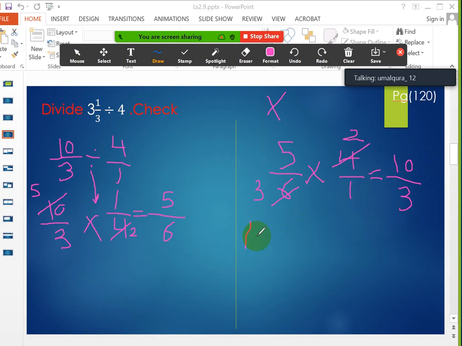And you know how to write a fraction as a mixed number, because the numerator is greater than the denominator. So to write it as a mixed number, I have to break this number into two fractions with the same denominator, and you have to break down the numerator. So I have to break this 10 into two numbers.